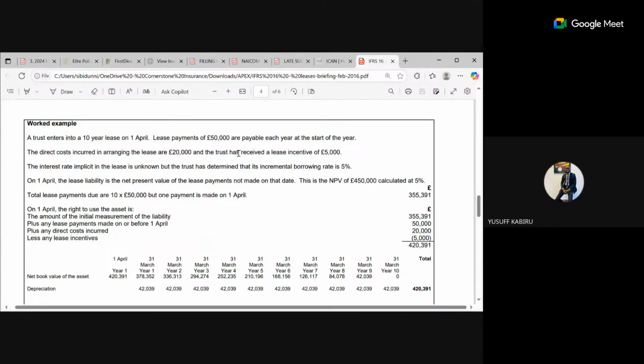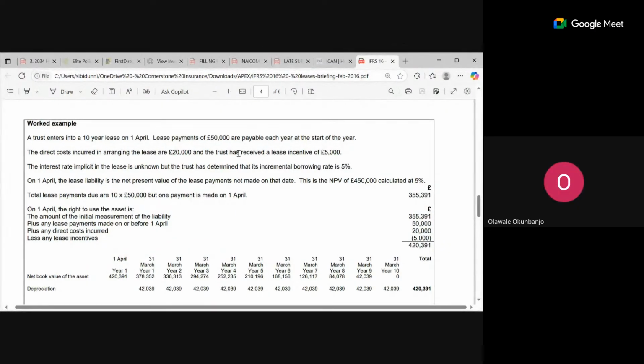Okay, so I need us to arrive at the NPV of 450 at 5% for 9 years. What exactly are we driving at? We need to find the NPV of 450,000 at 5% discount factor for 9 years, that's the starting point of this analysis.